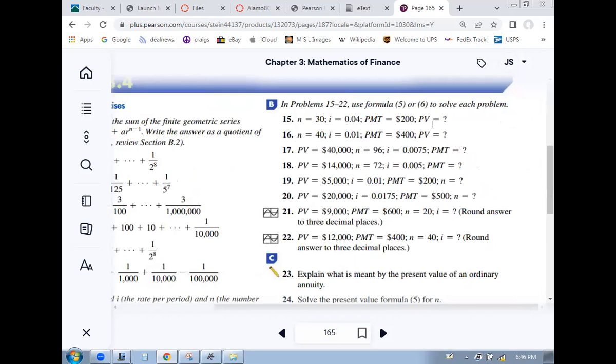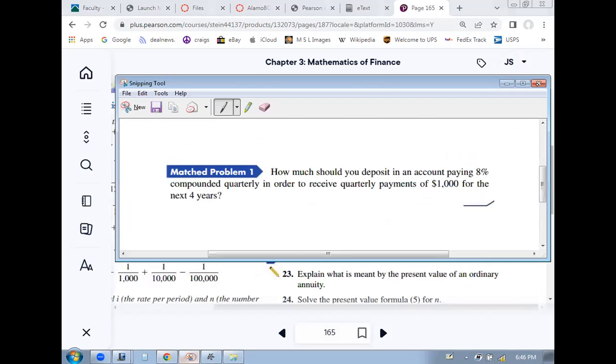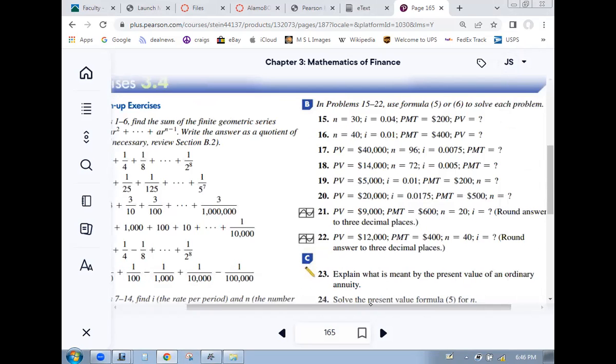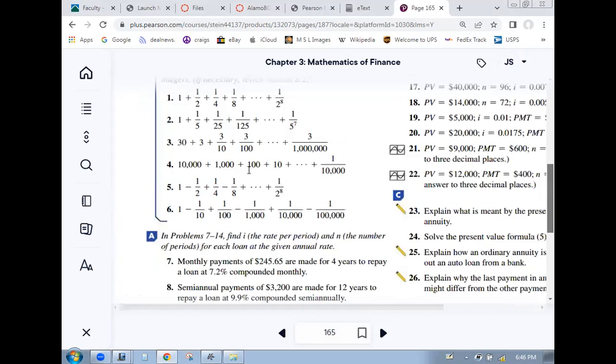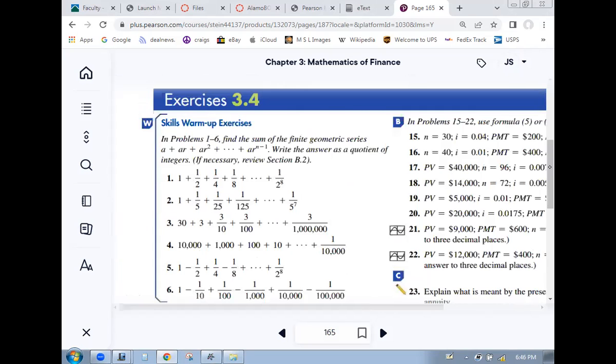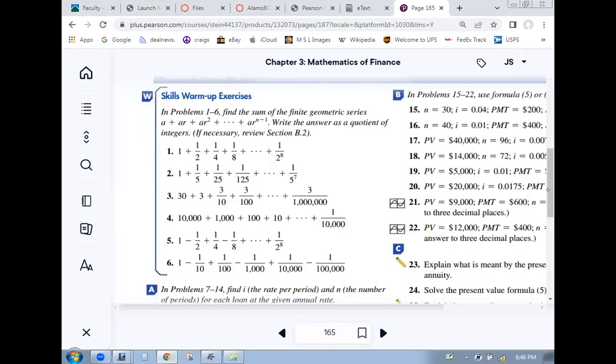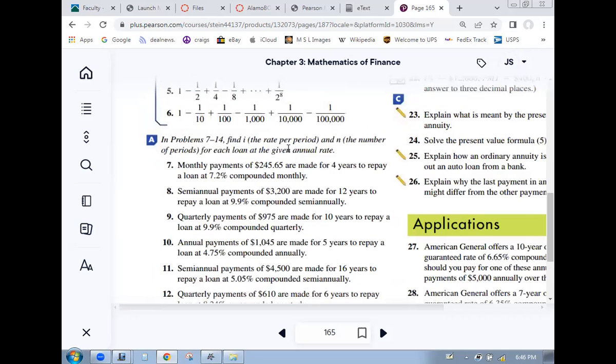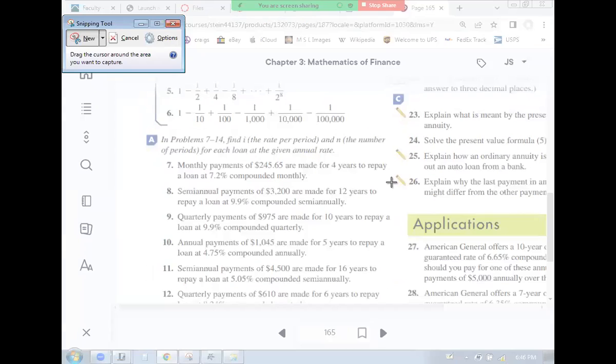All right, so yeah, we should be able to do this one. Oh, I guess we need instructions. This is the stuff I wanted to do. These cool sums. All you need is the formula though. That's the fun part. Find I and N. That's easy.